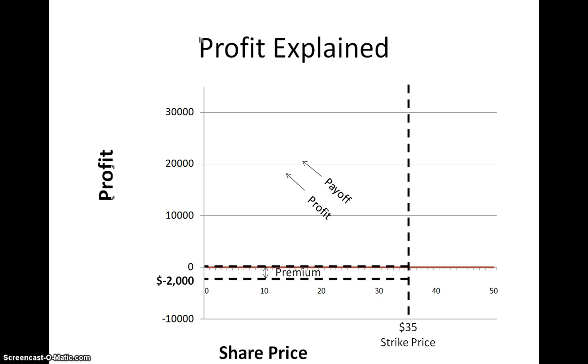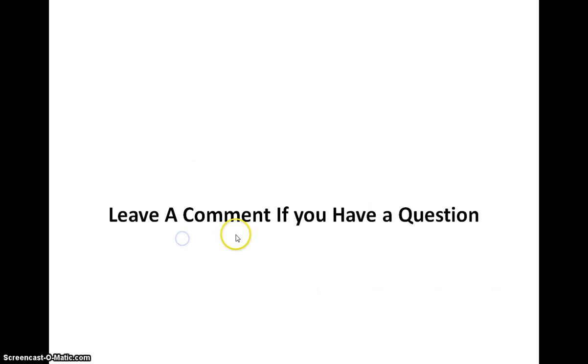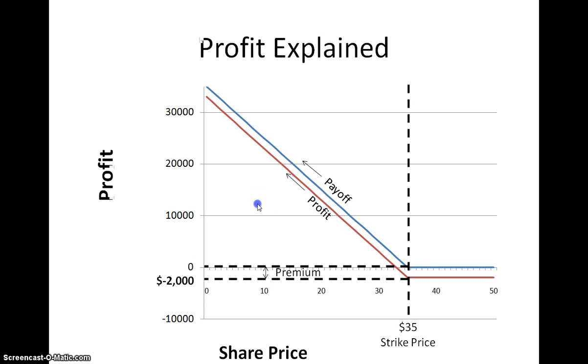So I wanted to show how this works visually for you, so that you can see how it works. Here we go. So the blue line is showing your payoff. At $0, let me back up a little bit here.